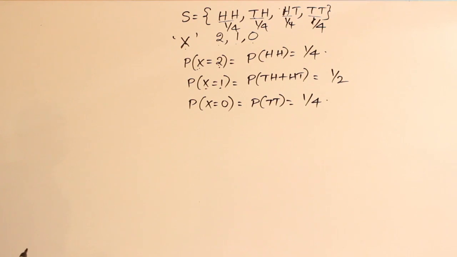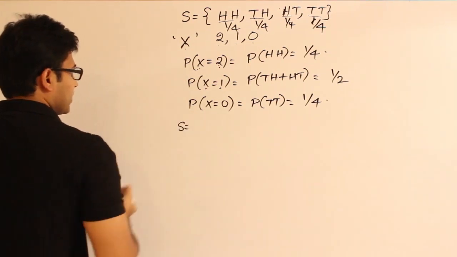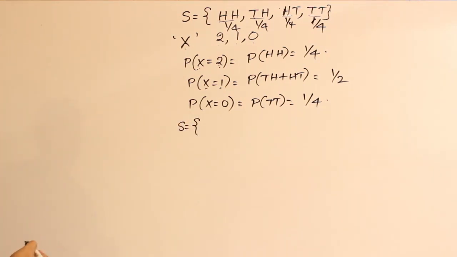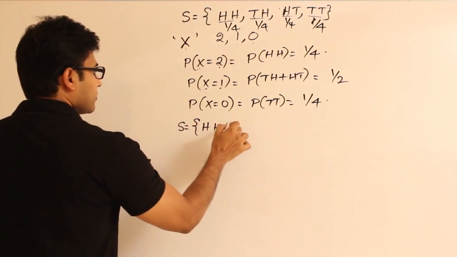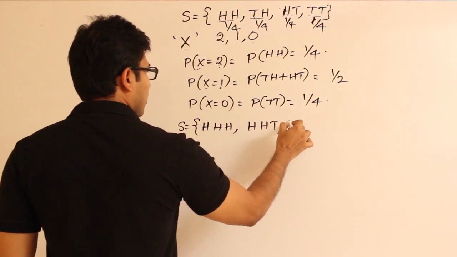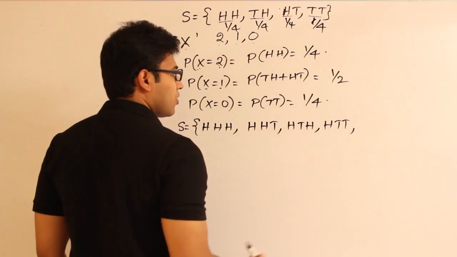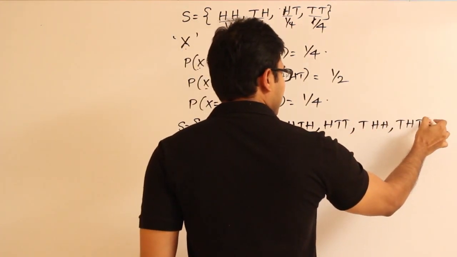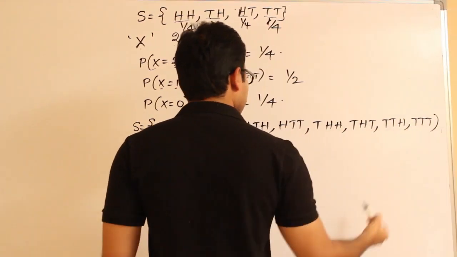Got it? Let's see one more example. Let us assume that I am flipping 3 fair coins. Then what are the various outputs possible? All 3 can be heads, or head head tail, or head tail head, or head tail tail, or tail head head, or tail head tail, or tail tail head, or tail tail tail.